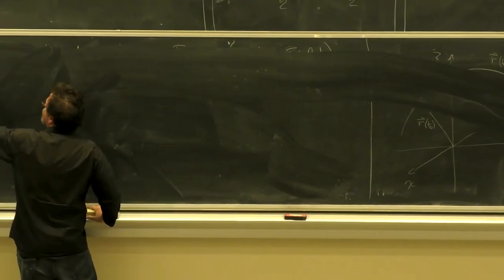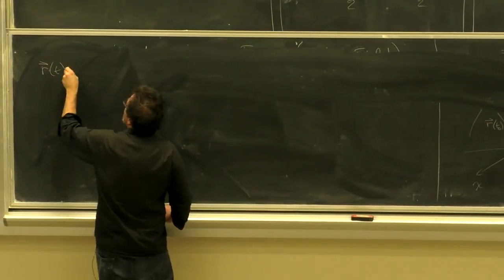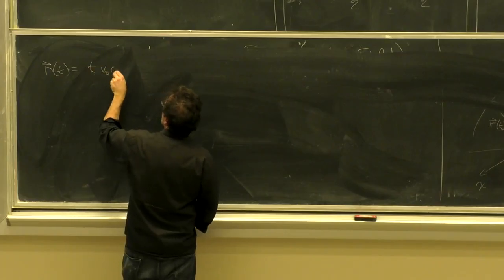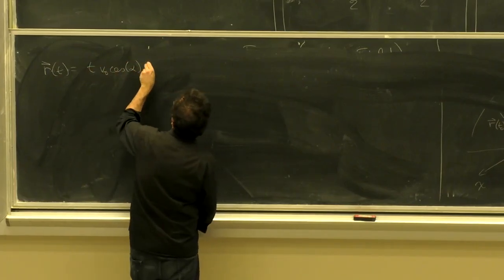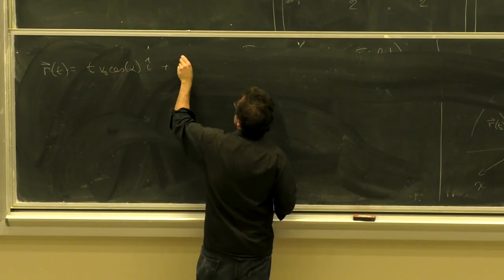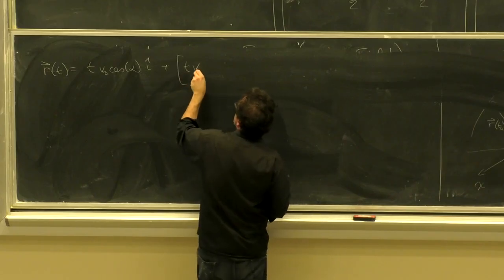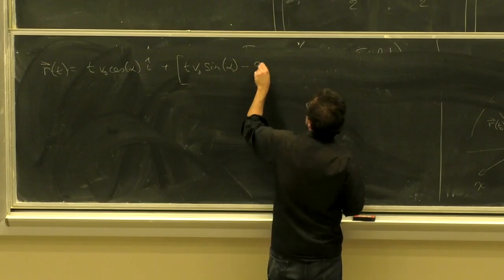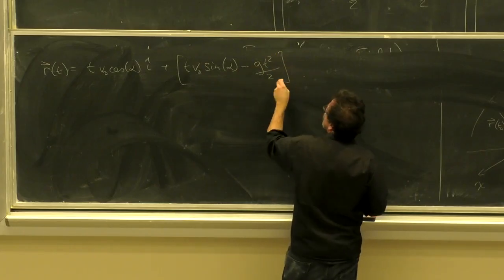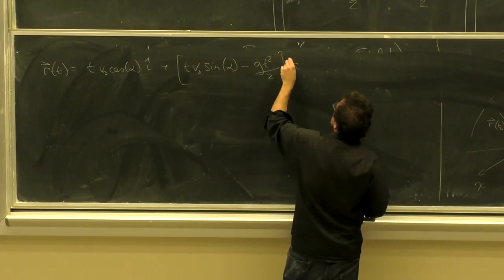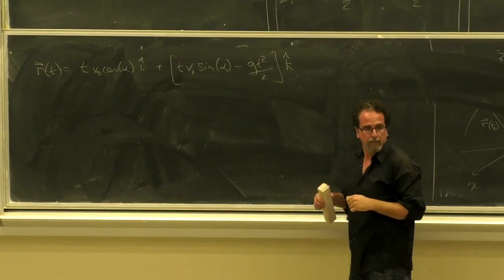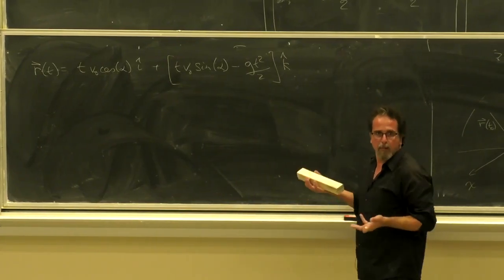So r of t is equal to t times v0 cosine alpha i hat plus, in parentheses, t v0 sine alpha minus gt squared over 2 k hat. That's r of t. That'll give the parabola.